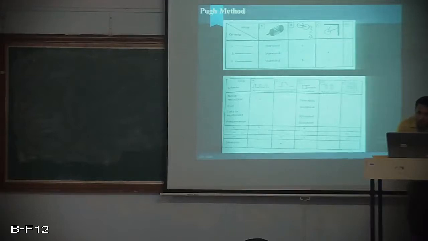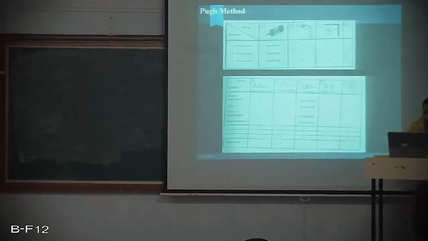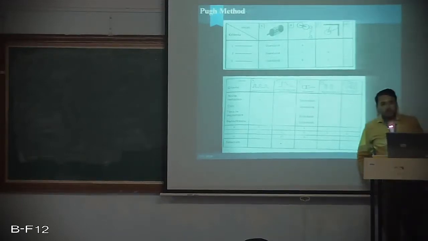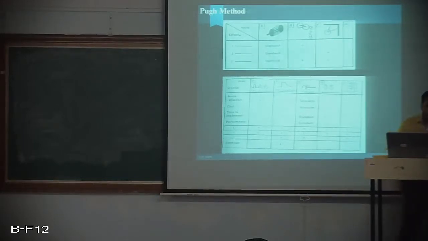For the C component, the first standard is reduced, the second standard is increased, and the third standard is again increased. That means if you consider concept design A, concept design B, and concept design C, the criteria that will change with respect to each concept design are highlighted over here.